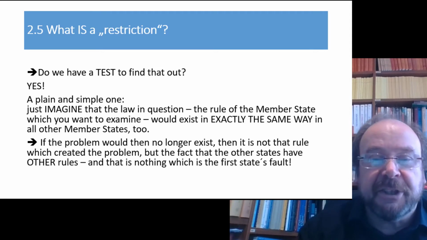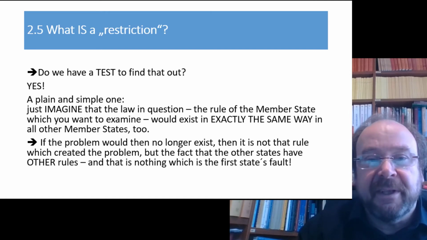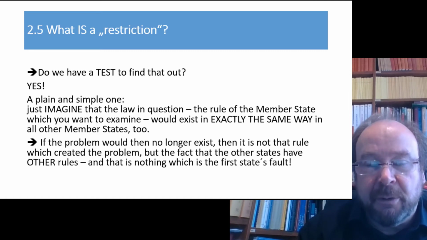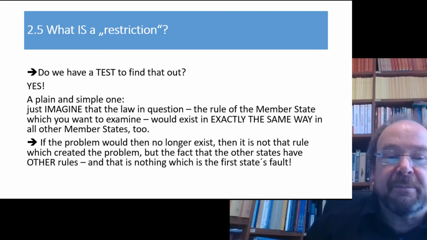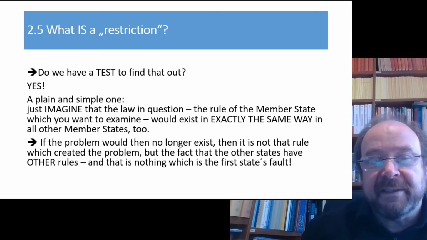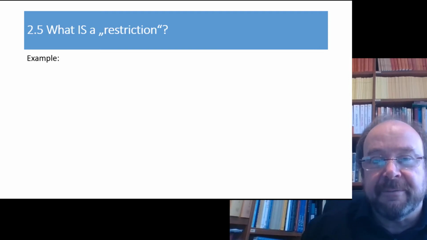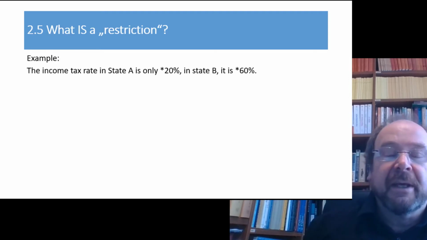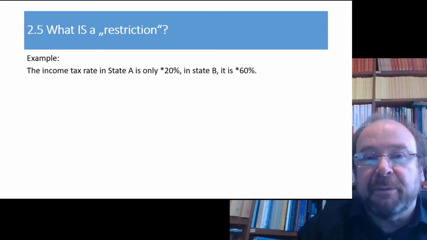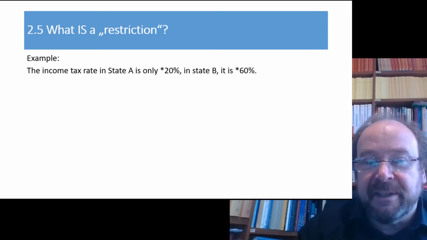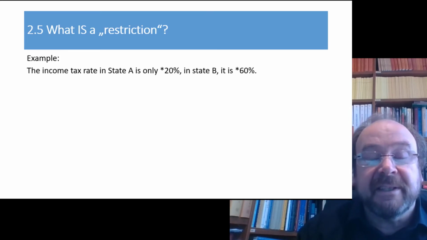They evidently chose a solution which does not really affect the single market. Only the chaos in the market leads to the problem. So, in that case, not a restriction. The rule in itself doesn't pose a restriction. A standard example would, for example, be the income tax rate in state A is only 20%, in state B it's 60%.